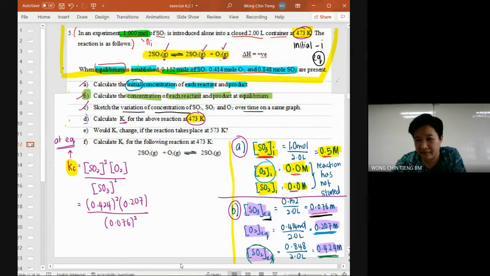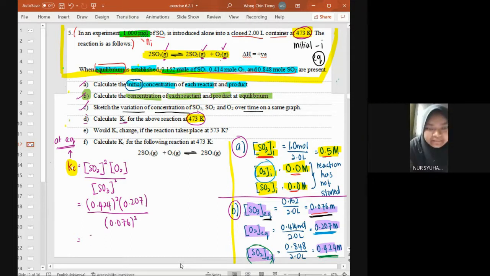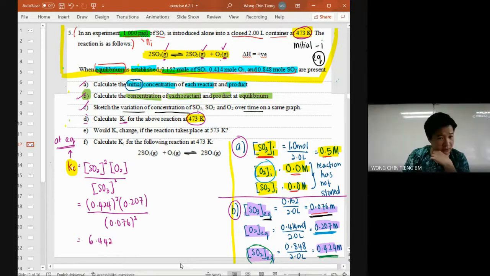Is that clear? Okay. So, press the calculator very, very correctly. Syuhada, saya nak jawapan. 6.4428. Setuju kelas? Okay, simple. Betul? Alright, tak ada isu apa. Zul kira macam biasa je.